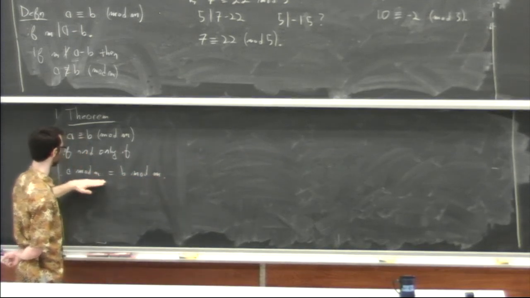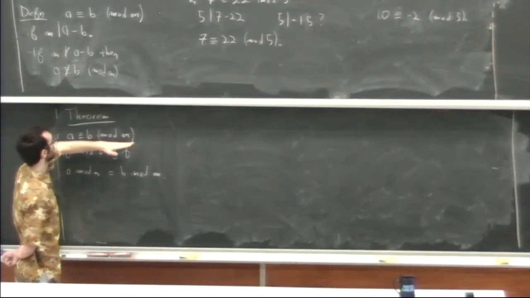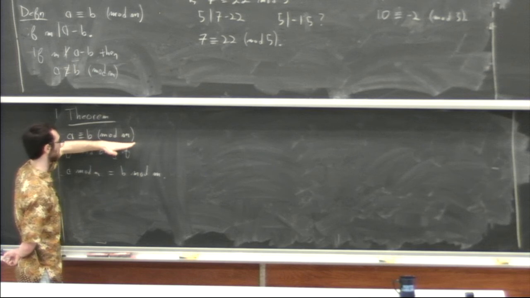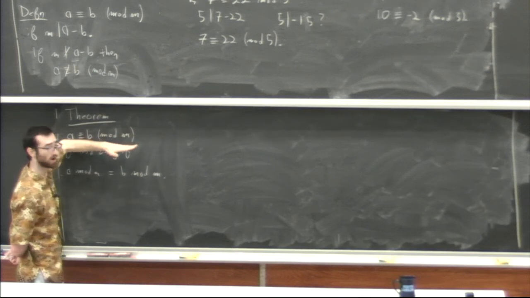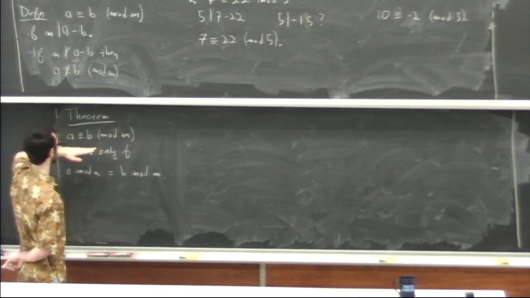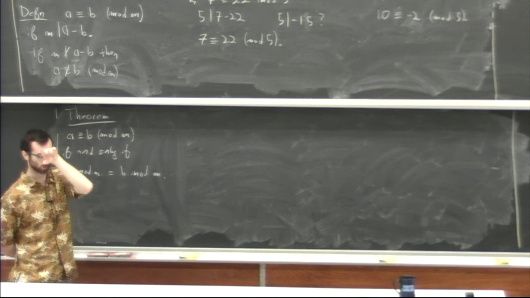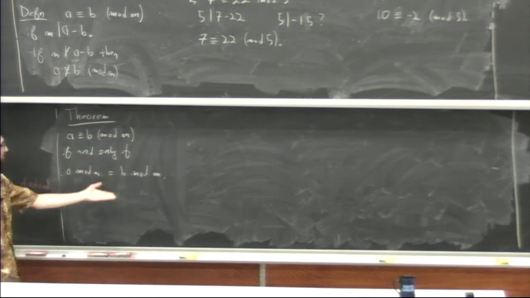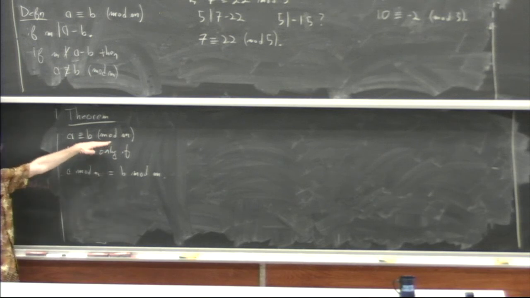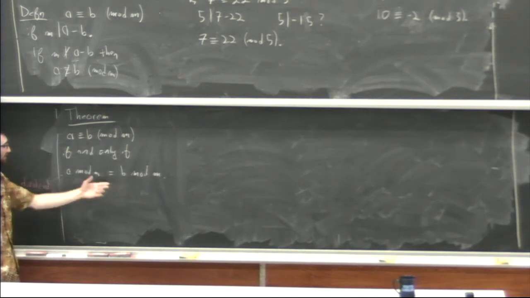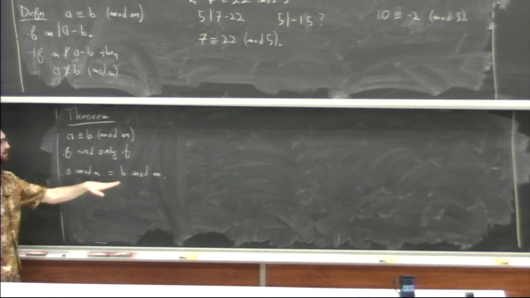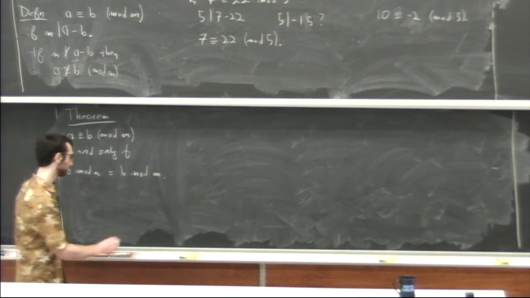Here, this whole statement is just a statement that is either true or false. Either these two numbers are congruent modulo M, or they aren't. Technically what's being done here is the setting up of an equivalence relation, which we'll get to later. But it turns out that they're very closely related in this fashion. A and B are congruent modulo M if and only if they have the same value under the function mod M. Okay?